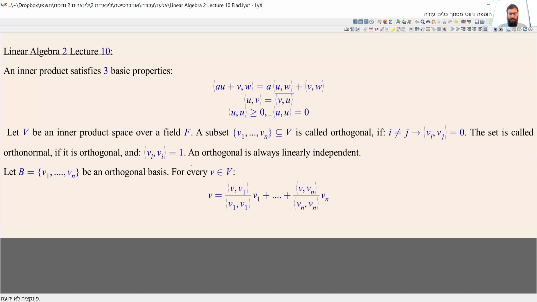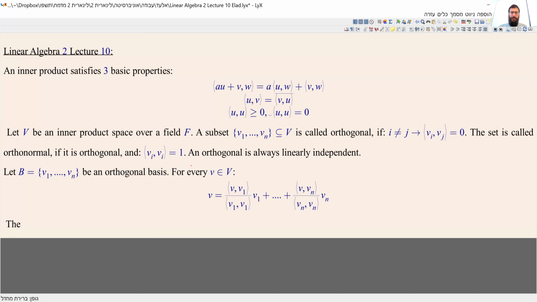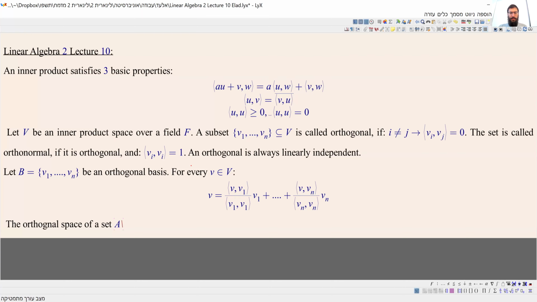The orthogonal space of a set A in V is denoted A perp.